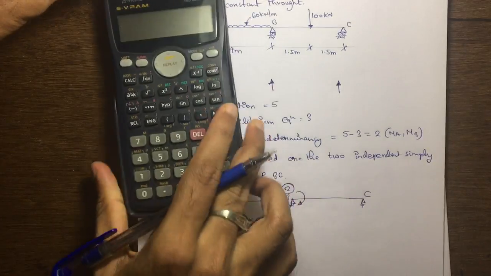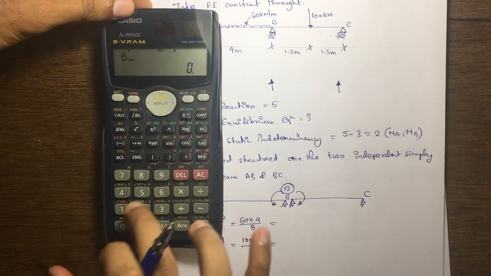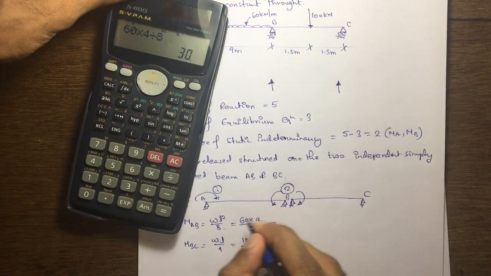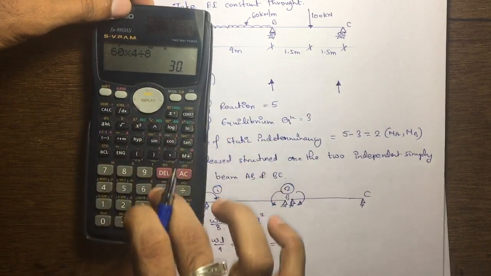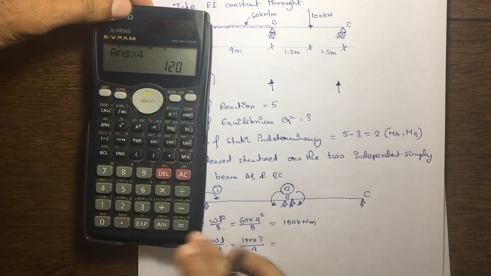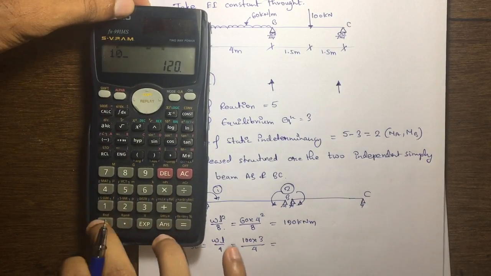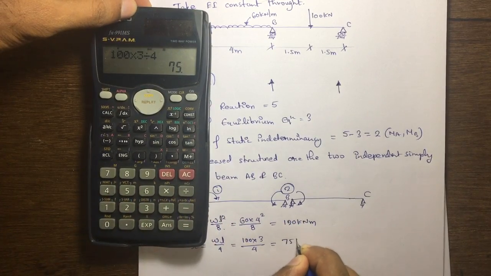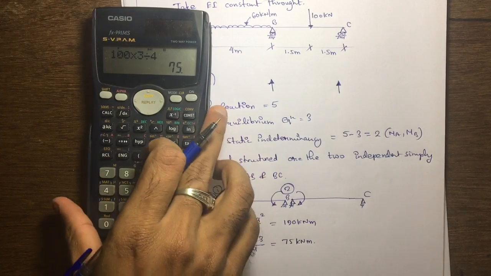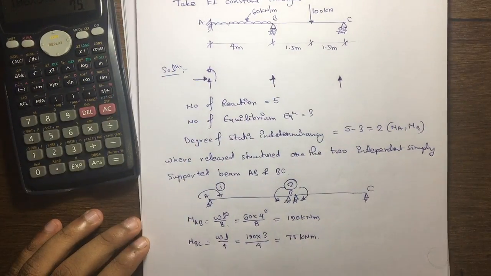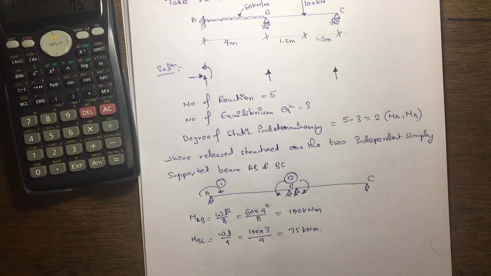If I do that calculation, WL square divided by 8, 60 into 4, that is 120 kilonewton meter. Then WL by 4, that is 100 into 3 divided by 4, that is 75 kilonewton meter. So for these two values we have to draw the conjugate beam. While drawing the conjugate beam, we have to divide that moment value by EI.